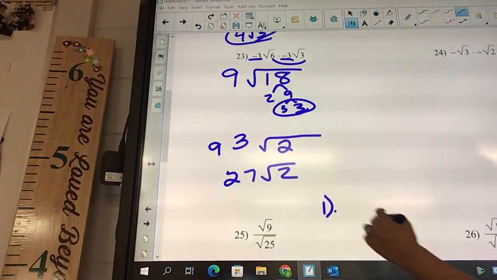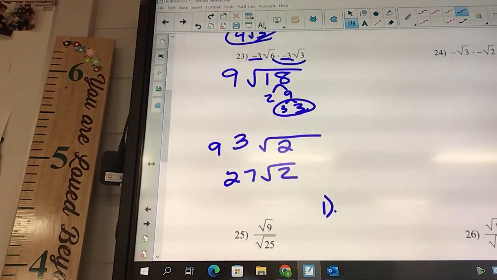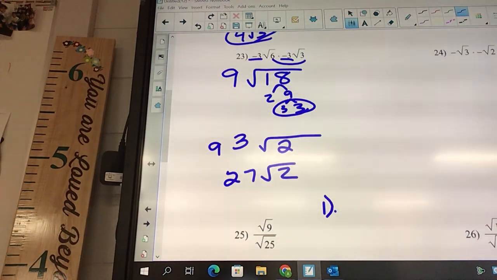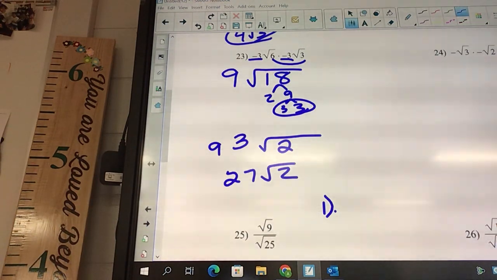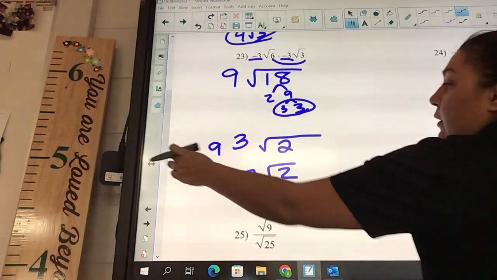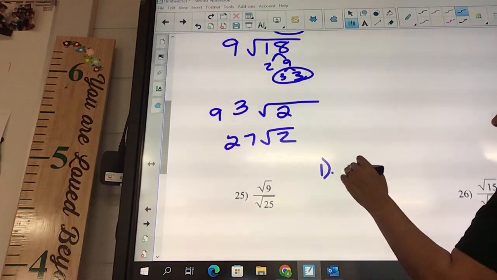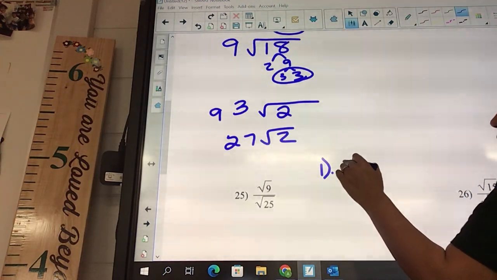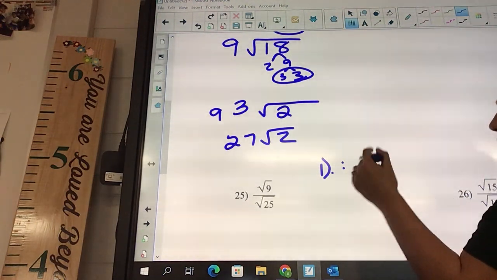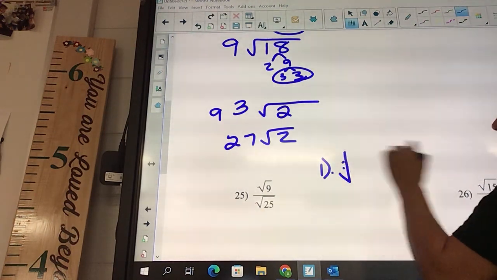Okay, for dividing radicals, you can put them underneath. I don't know how to say it, but essentially this is what you're doing.